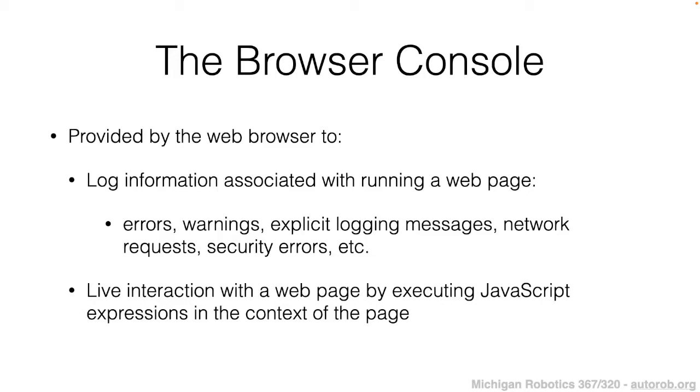But for our purposes, what it's really useful for is that you can choose to print out messages from within your code, and on top of that, you can use the console to check the state of variables during the execution of your code. In particular, while the web page is actually executing with JavaScript, the console has access to all the underlying functions and global variables that the JavaScript has access to.